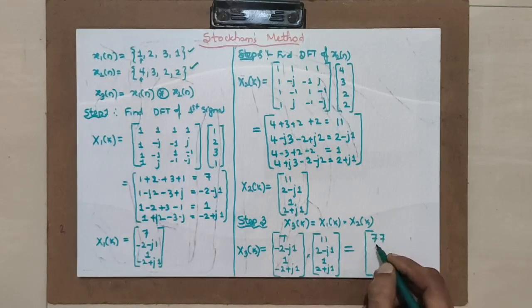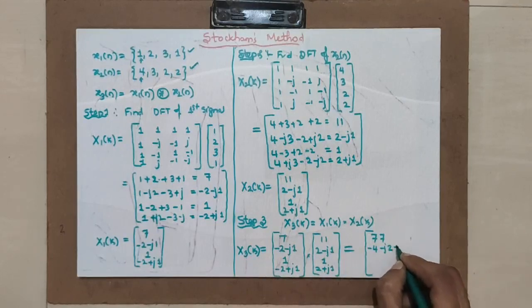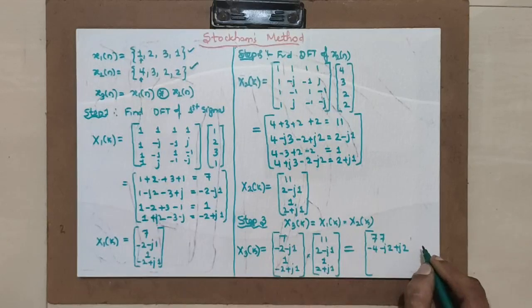77, then 2 into 2 minus 4 minus j2 plus j2, and minus into minus plus j square 1, that means minus 1. Next 1 into 1.